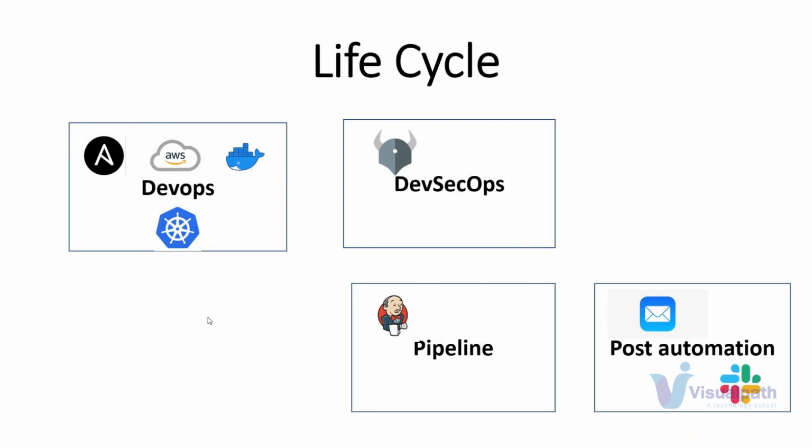For all this to happen with respect to infrastructure, we have chosen Terraform and Python. We will be going deep into each concept here: how we will deal with DevOps, how we will deal with DevSecOps, and how we will pipeline everything we have learned.